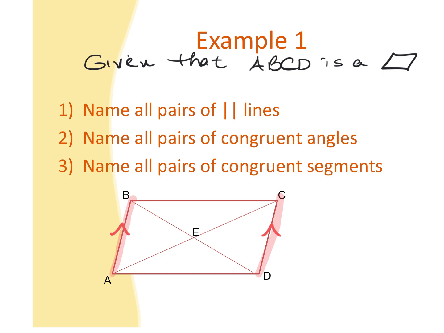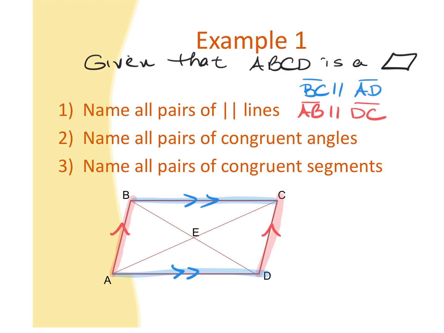And then also what I need to state is that BC is parallel to AD. This is the definition of a parallelogram. So I'm going to state that AB is parallel to DC, and again, the order of the letters doesn't matter, and BC is parallel to AD. And this is the definition: a quadrilateral with two pairs of parallel sides is a parallelogram.